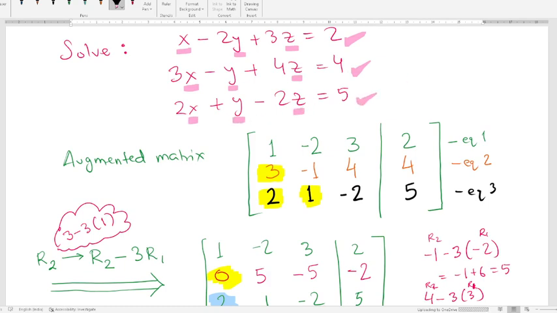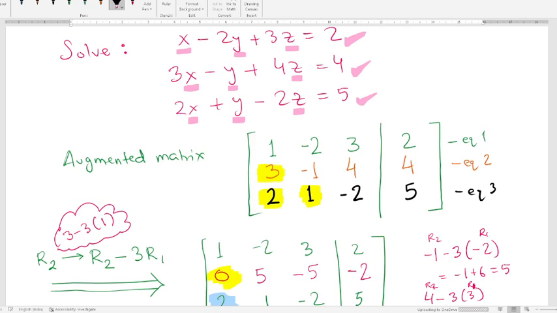Good. Now what we do is look at the equations and the coefficients, and using the coefficients we write down the augmented matrix: 1, minus 2, 3, 2 for the first equation, and so on for the second and third equations.